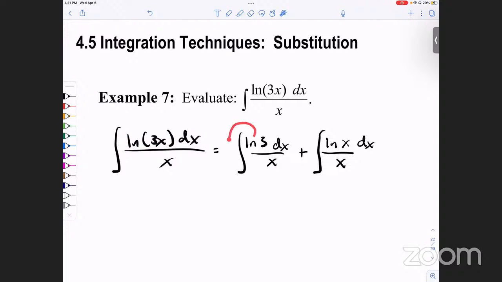So these are the two that we're working with. Now this natural log of 3 is just a number, so we can just go in front. So that first expression is really the integral of dx over x, and this natural log of 3 is just a number that goes out in front.